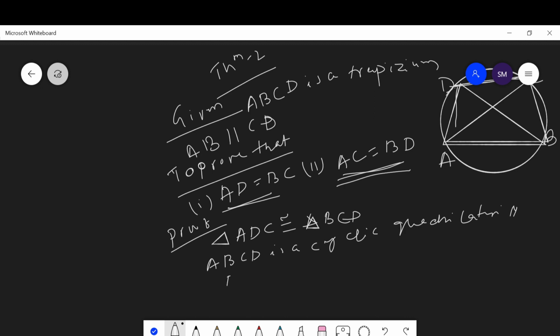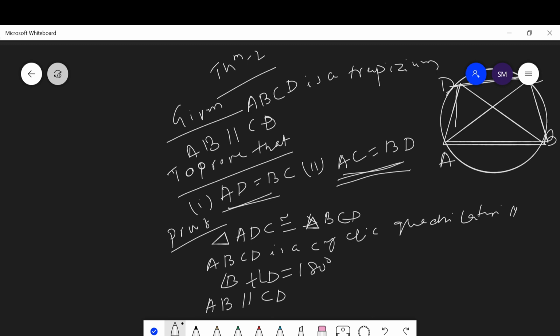Then B plus D is equal to 180 degrees, and AB is parallel to CD, given, because ABCD is a trapezium.